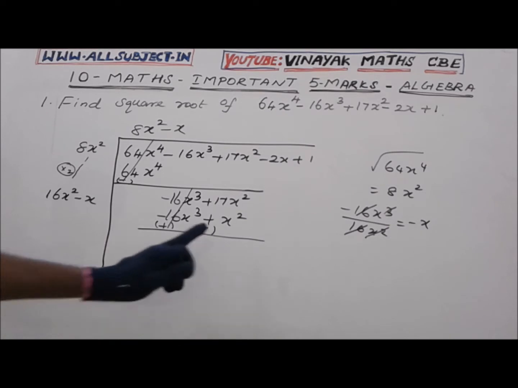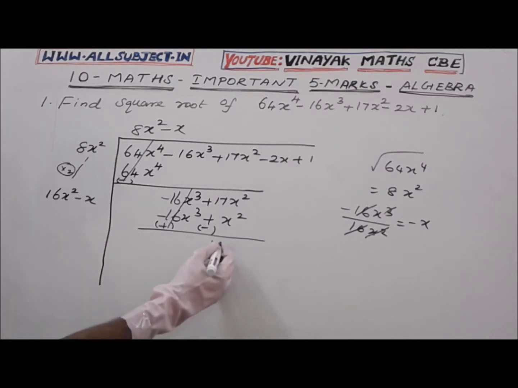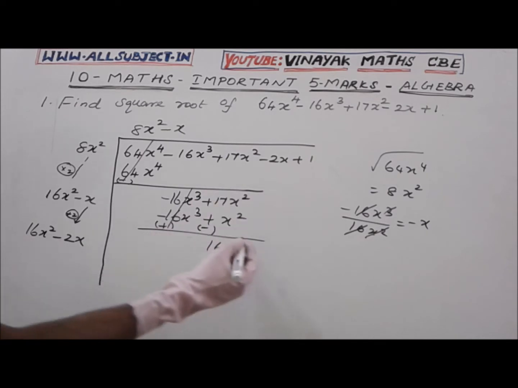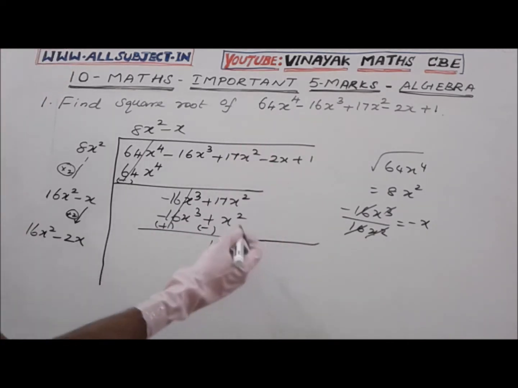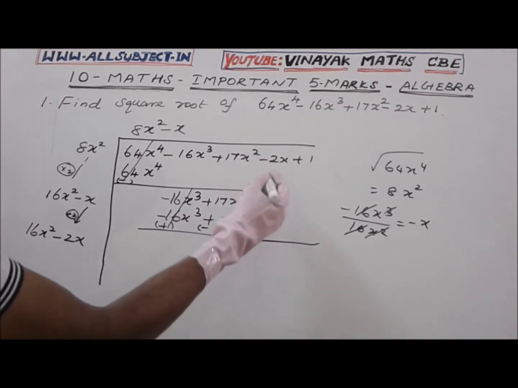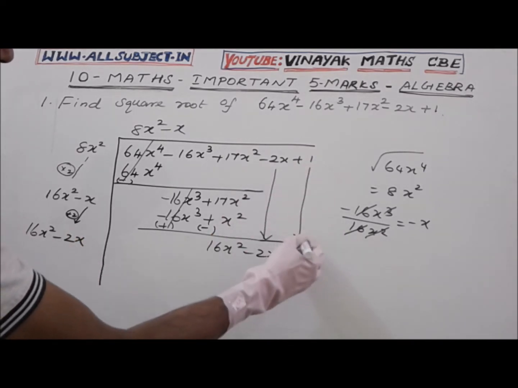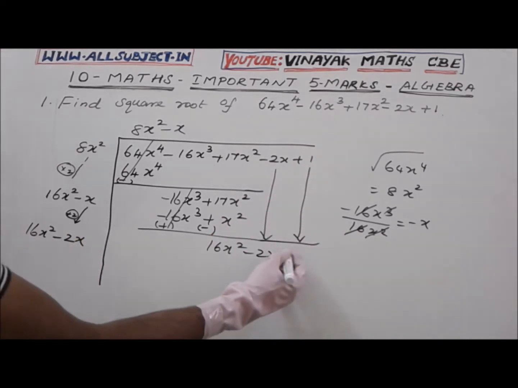Remaining is 17 minus x square, equal to 16x square. Now keep the 16x square as same and multiply minus x by 2. You will get minus 2x. Then taking the remaining terms, minus 2x plus 1.